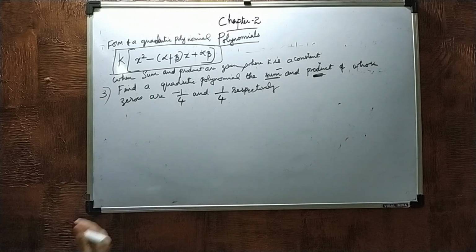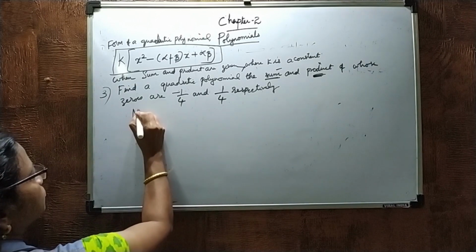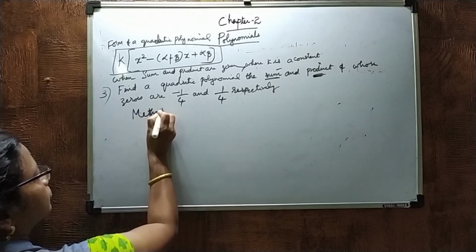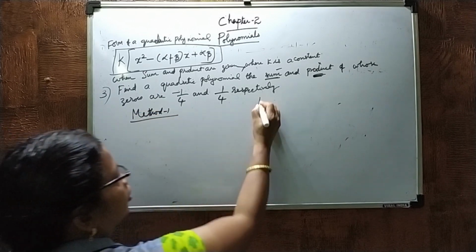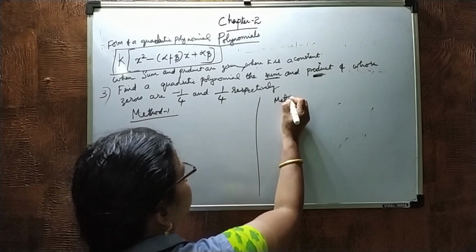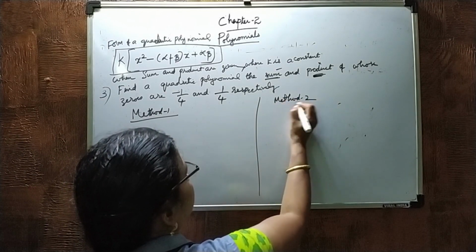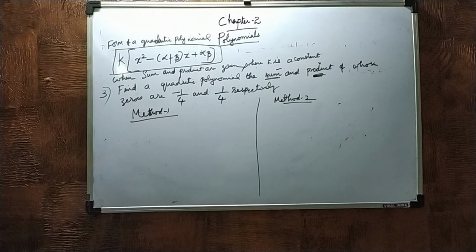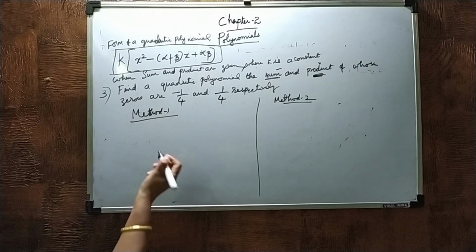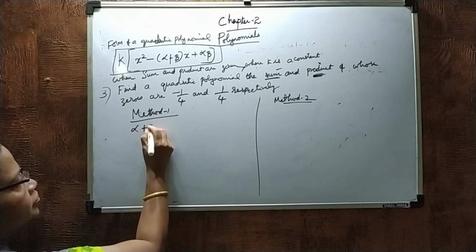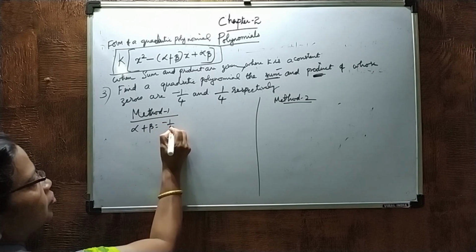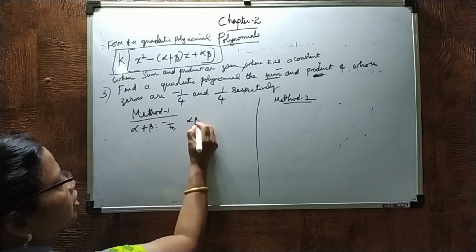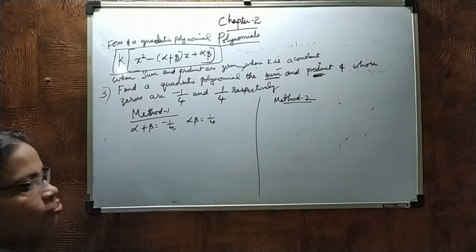So here also what you can do is method 1. Here it is method 2. So method 1, it is alpha plus beta is equal to negative 1 by 4 and alpha beta equals 1 by 4.